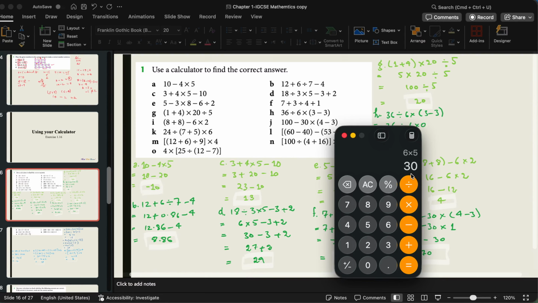So you see the answers are completely different. In here we are getting minus 10, and in here we are getting 30.